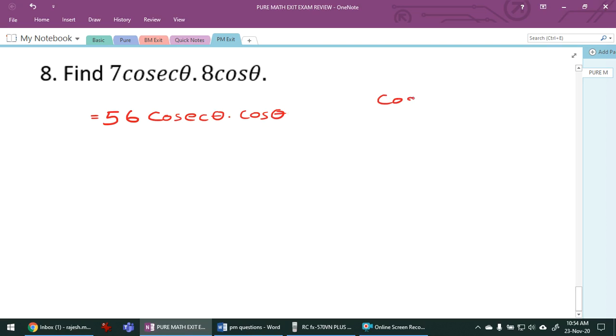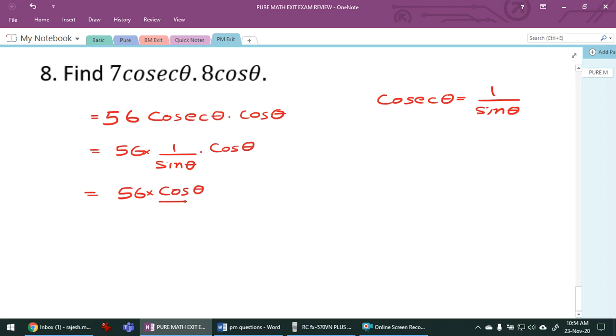We know the rule for cosec: cosec theta is 1 divided by sine theta. So 56 into 1 by sine theta into cos theta, 1 into cos theta is cos theta divided by sine theta.